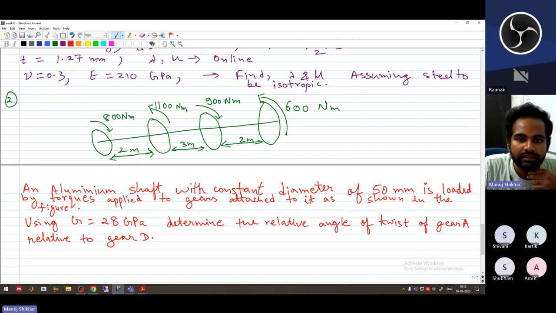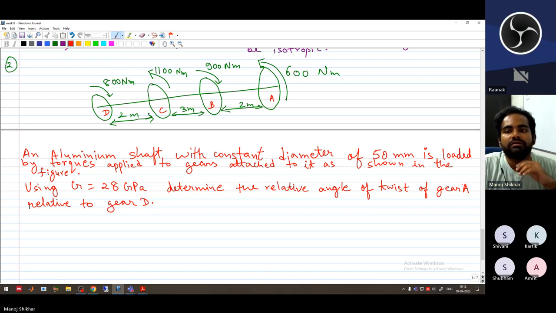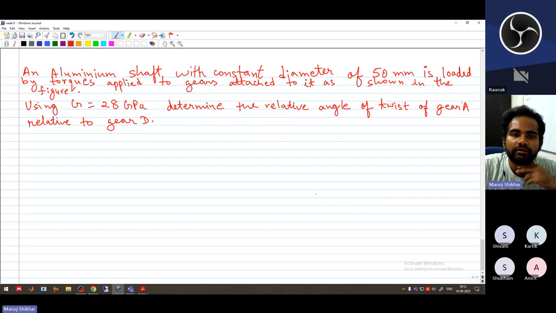So the nomenclature is something like this. This is gear D, this is gear A, this is B, and this is C. And they want you to find what will be the relative angle of twist. So that is basically omega A minus omega D, or omega D minus omega A, if we want to know the total angle of twist.